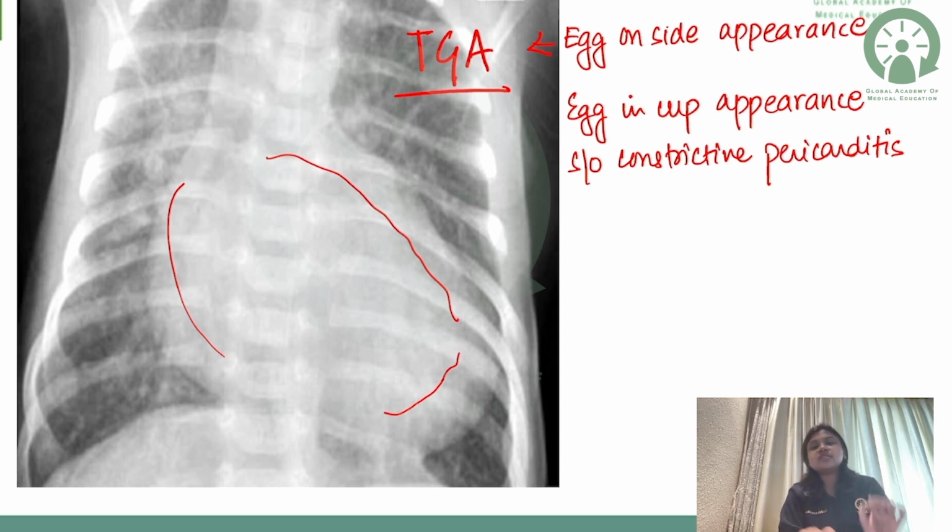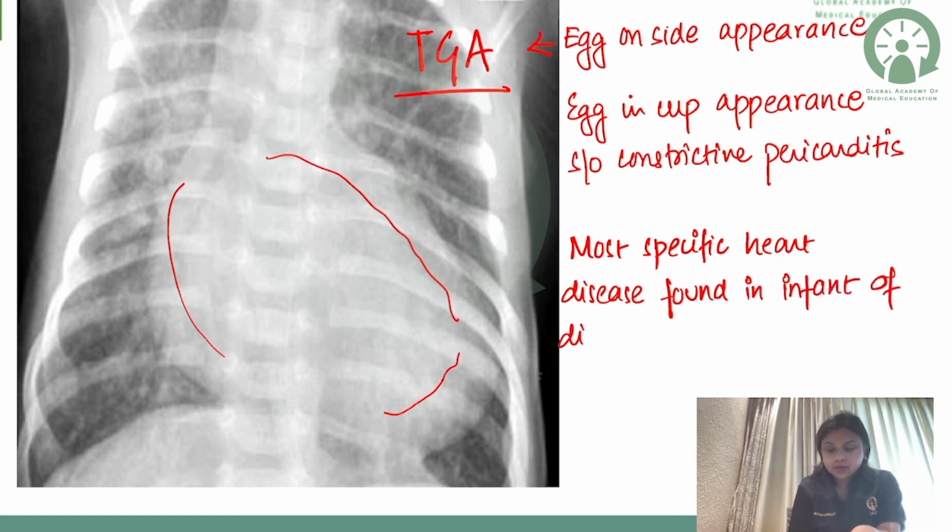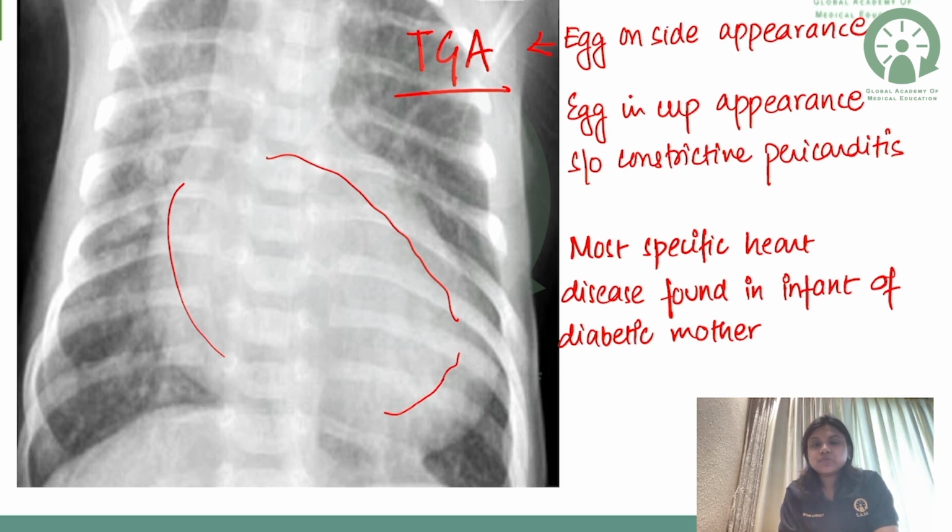Now, one thing more: it is the most specific heart disease that you are going to get in an infant of a diabetic mother. So, the most specific heart disease found in an infant of a diabetic mother is nothing but transposition of great vessels.